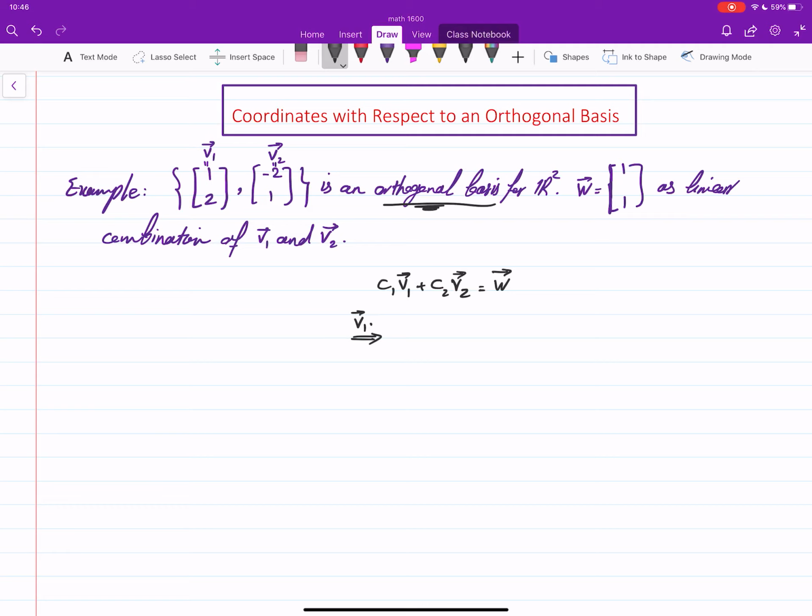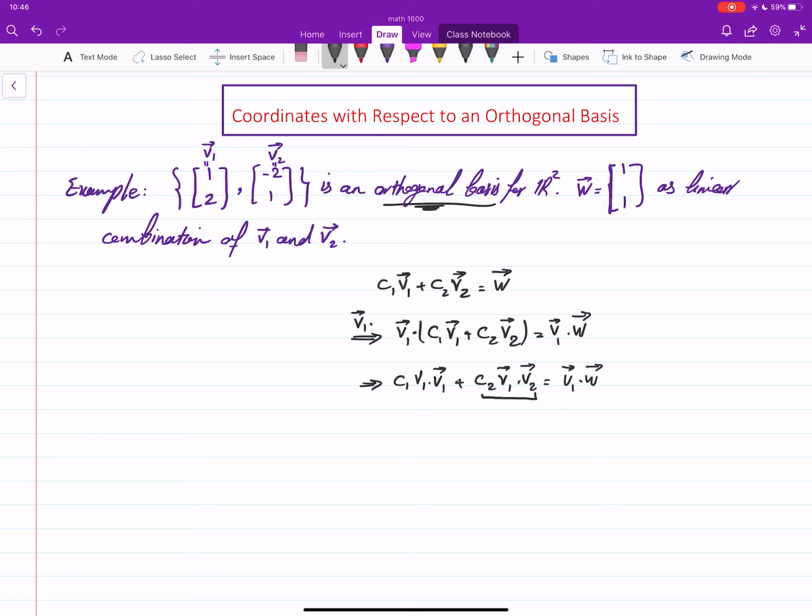Dot product this equation by V1. So you will have V1 dot (C1 V1 plus C2 V2) equals V1 dot W. Then we know that this is C1 V1 dot V1 plus C2 V1 dot V2, and this is equal to V1 dot W. Very nice.